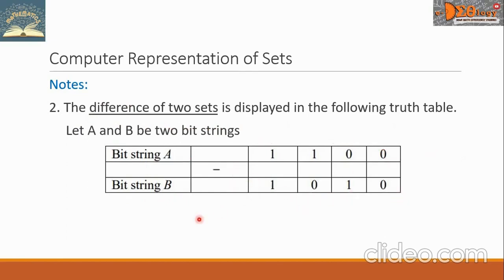For the difference, that will be A minus B. So we have 1 minus 1 is 0, 1 minus 0 is 1, 0 minus 1 is 0, 0 minus 0 is 0. We can see here that A minus B will have the value 1 only if A value is 1 and B value is 0.